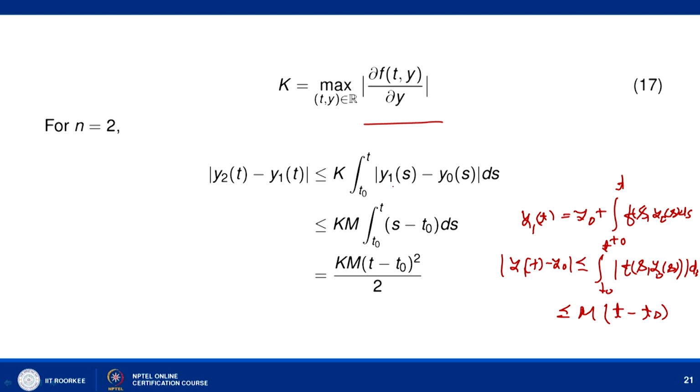So we already know that y1(s) minus y0(s) is bounded by this quantity. So we can say that this is bounded by k M times the integral from t0 to t of (s minus t0) ds. Here y1(t) minus y0 is bounded by this quantity.